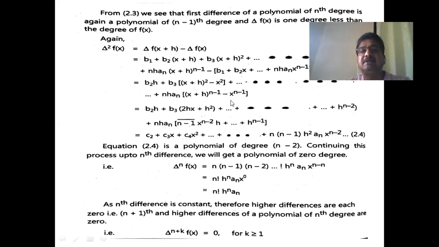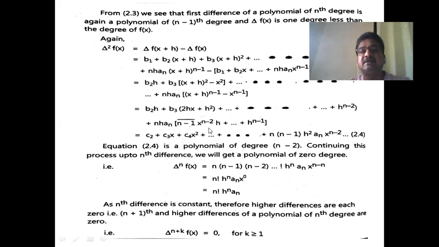Okay. After cancelling x raised to n minus 1, x raised to n minus 1, and again adding and subtracting the similar terms, that is constant terms, terms of x square, we have this c2 plus c3x plus c4x square. These are the notations for the coefficients of constant, coefficient of x square. Similarly, all remaining terms.